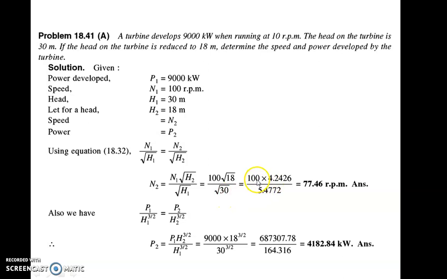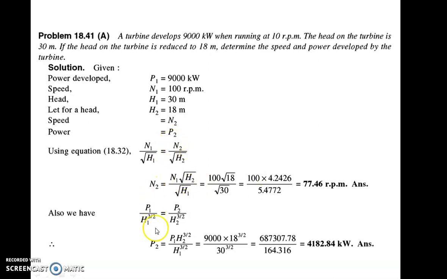So it will be 100 into 4.2426 upon 5.4772, so it will come as 77.46 rpm. This is N2, that is, for the 18 meter head you will get the rpm as 77.46. This is the reading that you should get at this rpm from this unit speed.